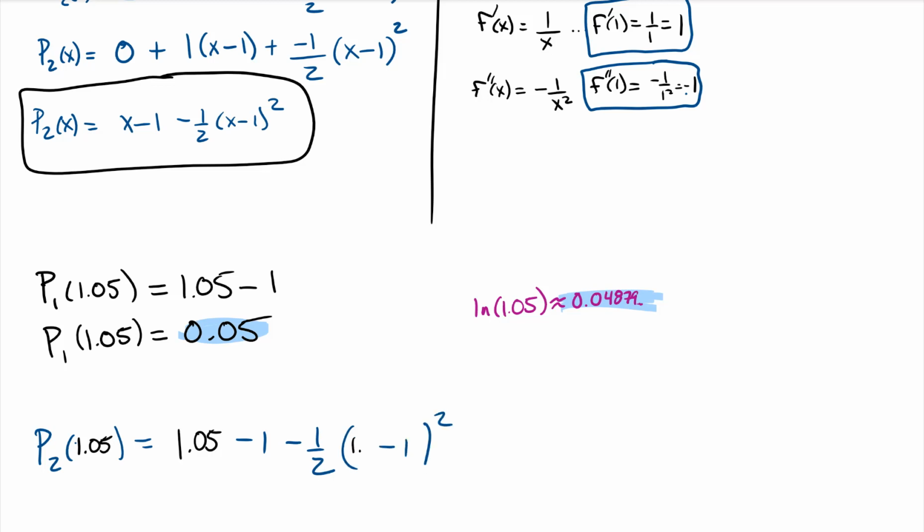Now, we're not going to do this by hand. We'll punch this into a calculator. It's actually a straight equal sign. This is 0.04875.